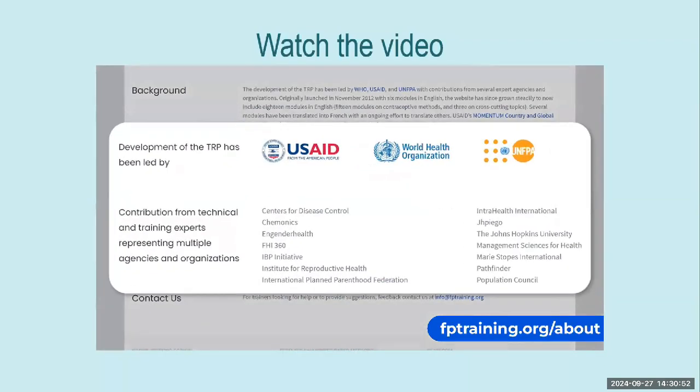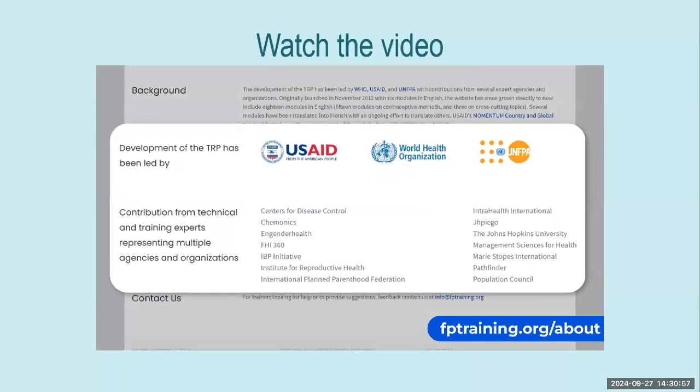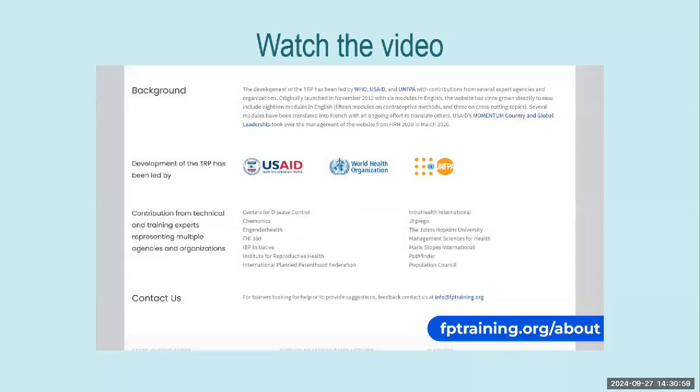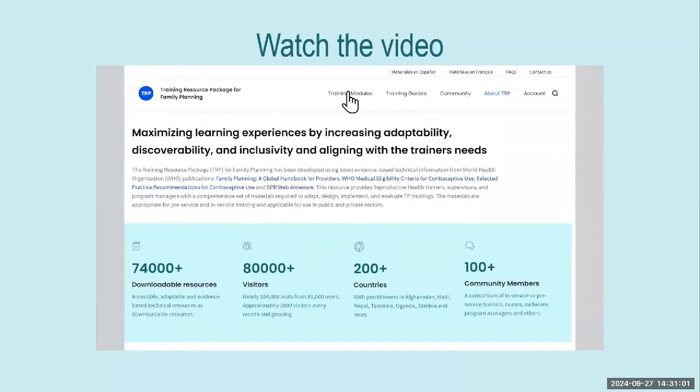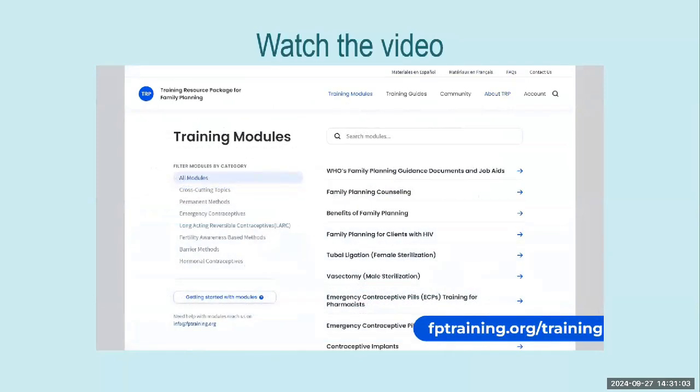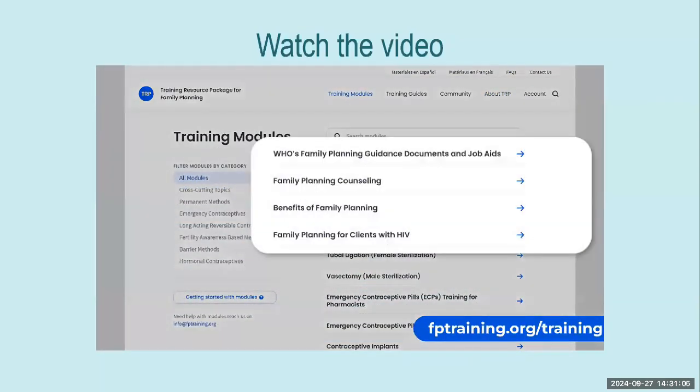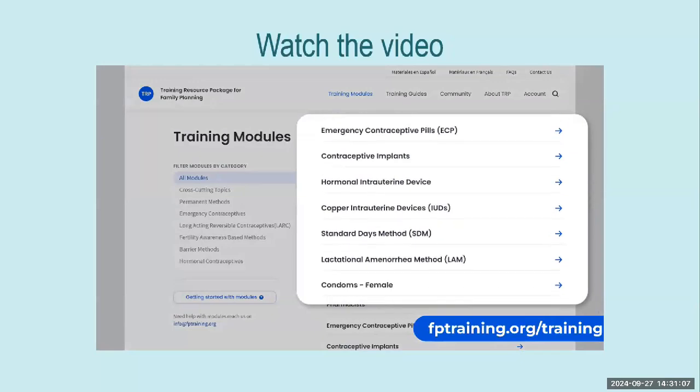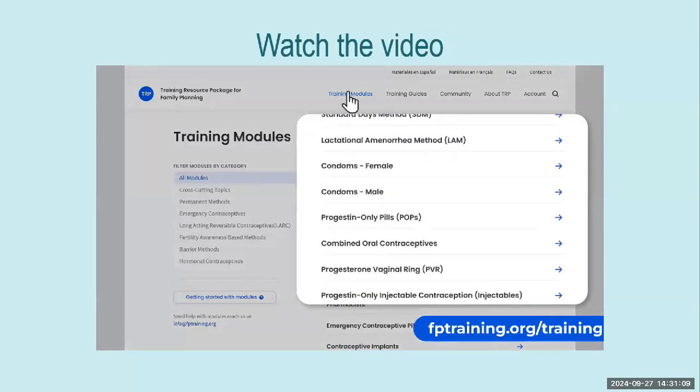There are also references with links to the World Health Organization global guidance that informs all the content on the site worldwide. At the TRP's core is currently a collection of training modules featuring 4 cross-cutting and 15 contraceptive method-specific topics.